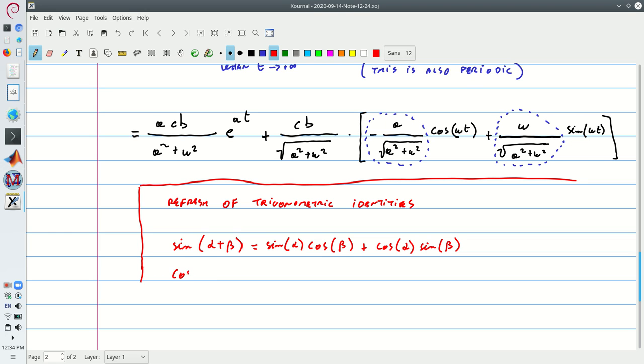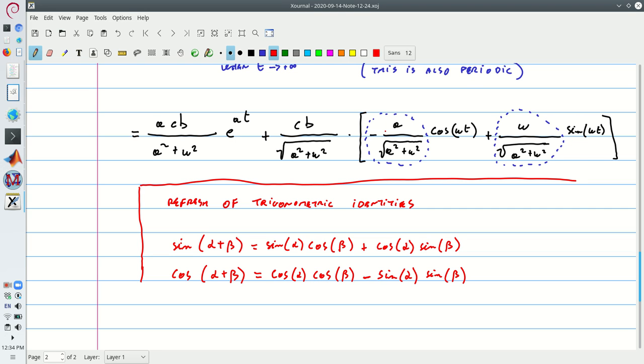The other involves the cosine of the sum of angles, and this second one is what I think is going to be more useful here. If you have the cosine of a sum, that's equal to cosine of alpha cosine of beta minus sine of alpha sine of beta.